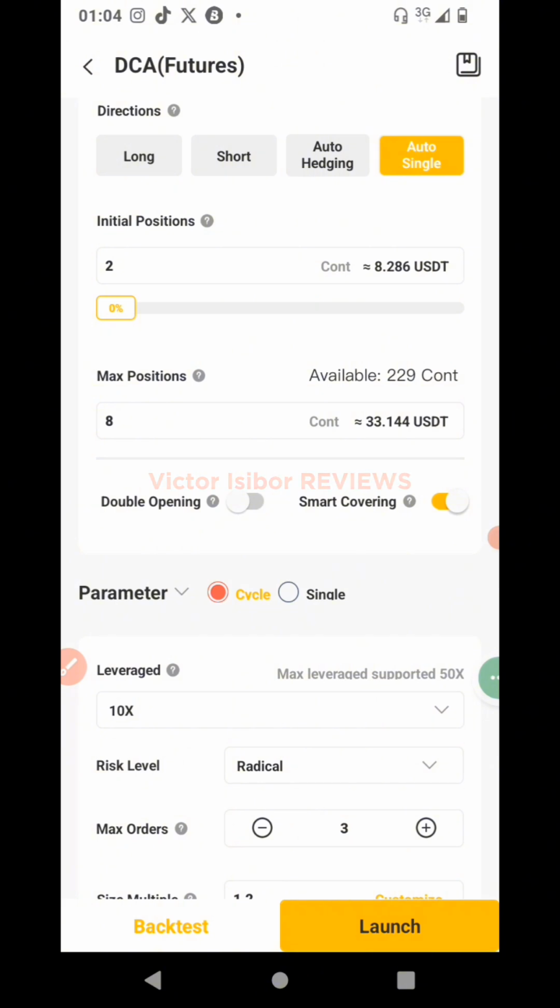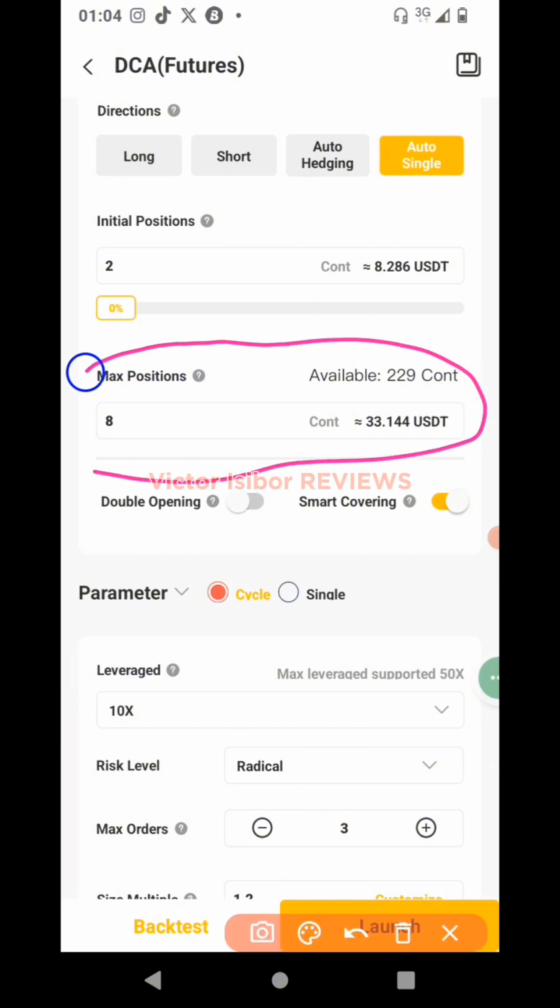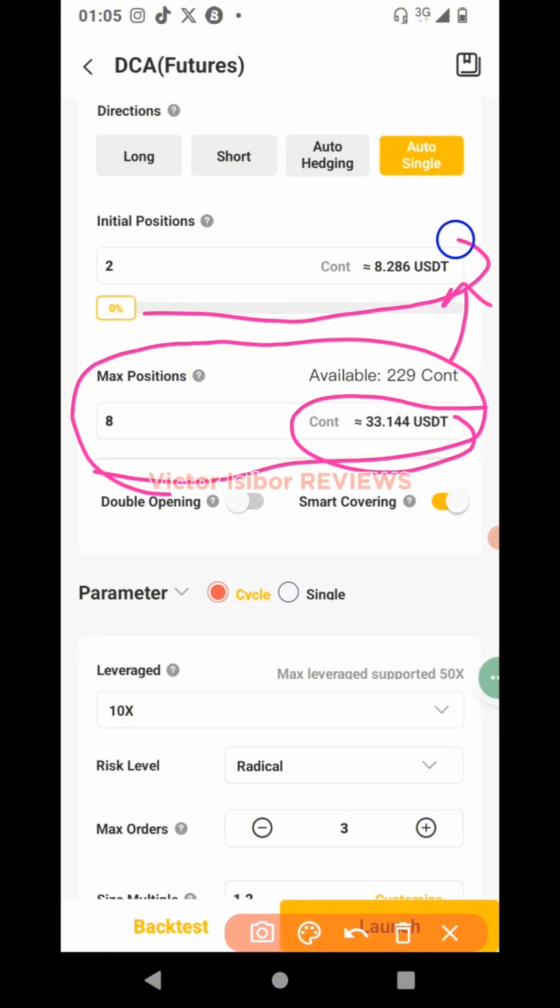Now this is your maximum positions. This contract is how much will be taken into the market. Maximum. Why single position, initial position contract is this. Remember, look down here.